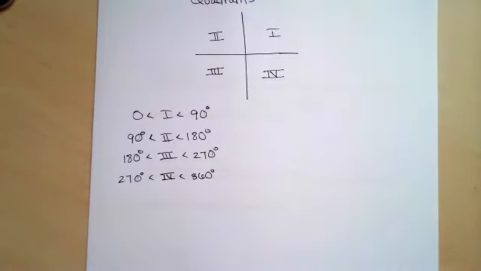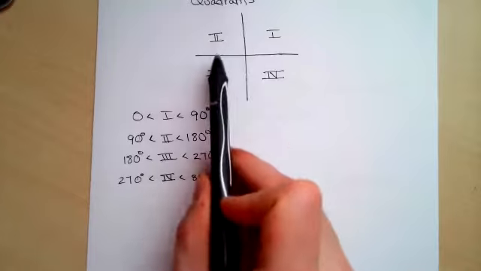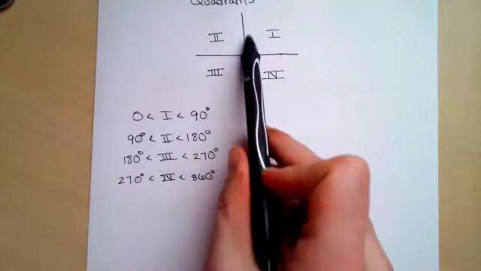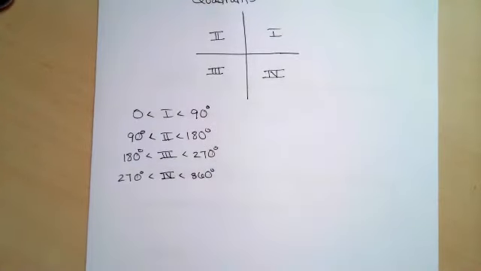Now notice I don't have any equal signs there. So where's a 0 degree angle? So remember, if it lands on the axis, so if it's 0 degrees, 90 degrees, 180, 270, or any coterminal angle with those, we just call those quadrantal angles.